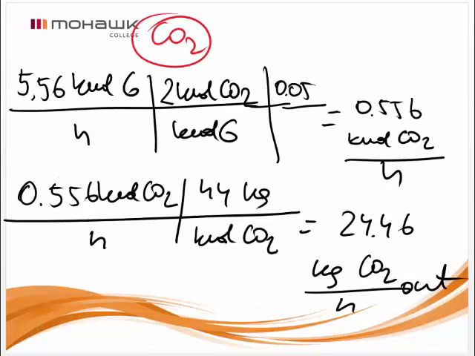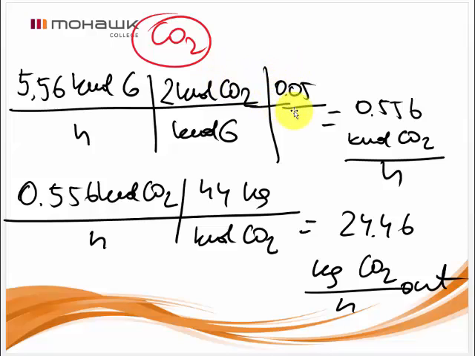The last chemical component inside the fermenter is carbon dioxide, and this is also an undesired product in the fermenter. We start with the molar flow rate of the glucose, 5.56 kilogram-moles of glucose per hour. Looking at the balanced stoichiometric equation, 1 kilogram-mole of the glucose consumed would produce 2 kilogram-moles of the carbon dioxide, and the fractional conversion here is 5%.